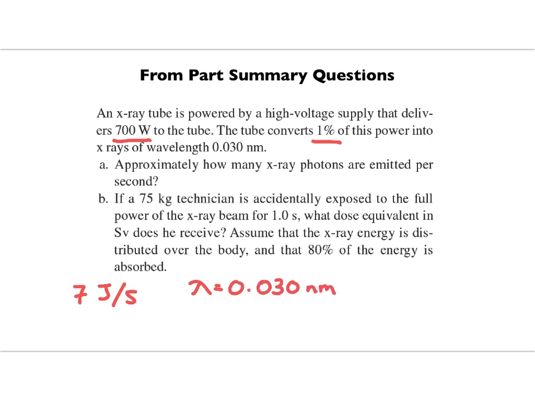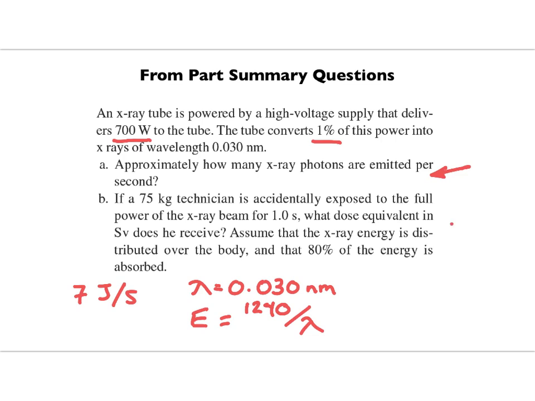As a consequence, I can figure out the energy of an individual X-ray, because the energy in electron volts is equal to 1240 divided by the wavelength. Once I know the individual energy of the X-rays, I can figure out how many photons are emitted.